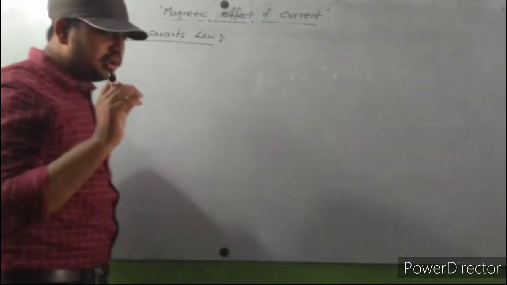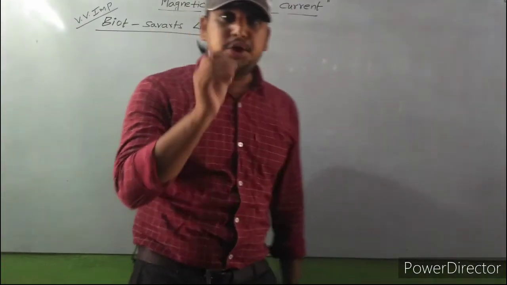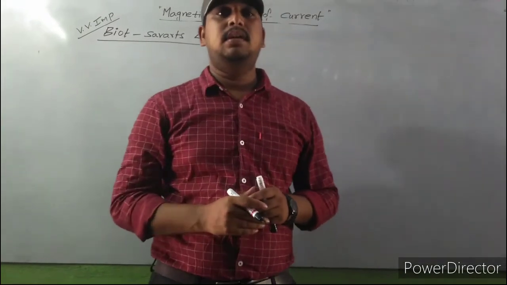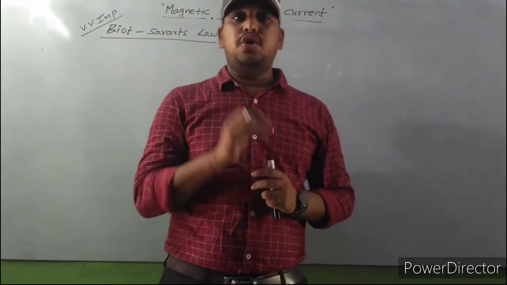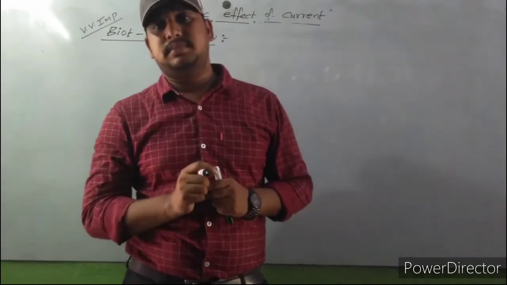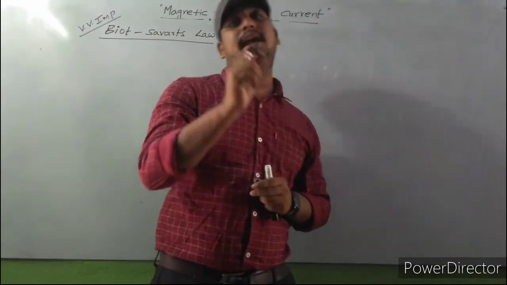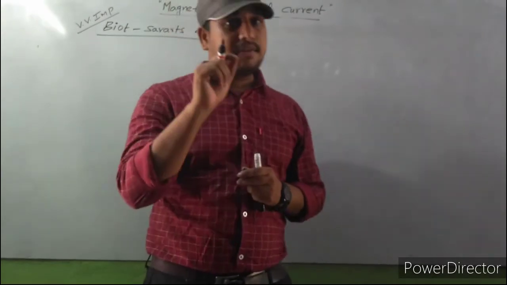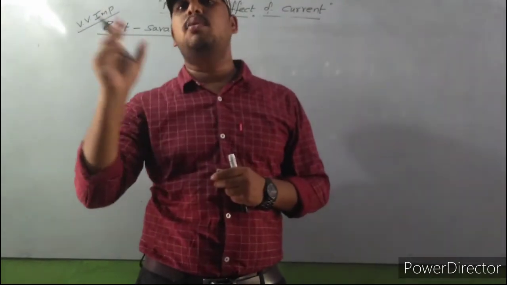What is meant by Biot-Savart's law? What is the use of Biot-Savart's law? So mainly, you know about magnetic field. Magnetic field is a vector quantity. Magnetic flux is a scalar quantity.